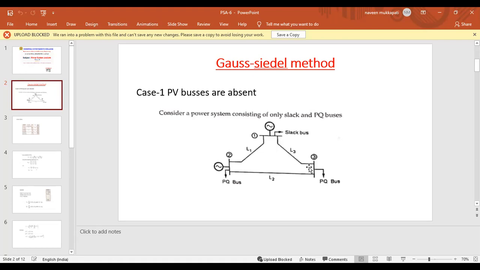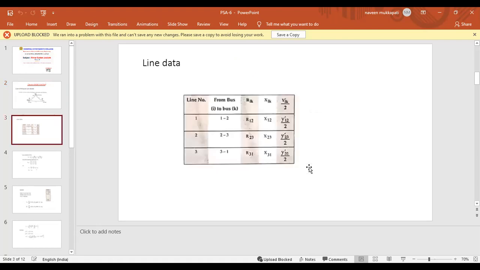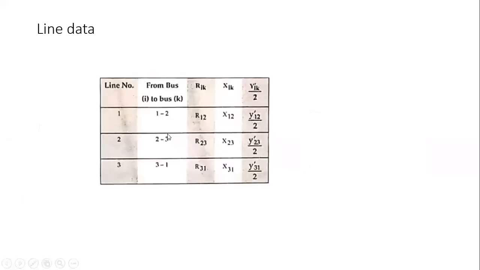Next, to find the bus quantities, stage 1, first the line numbers. We have line numbers 1, 2, 3, and there are 3 buses. Line 1 is between 1 and 2, line 2 is 2 to 3, line 3 is 3 to 1.